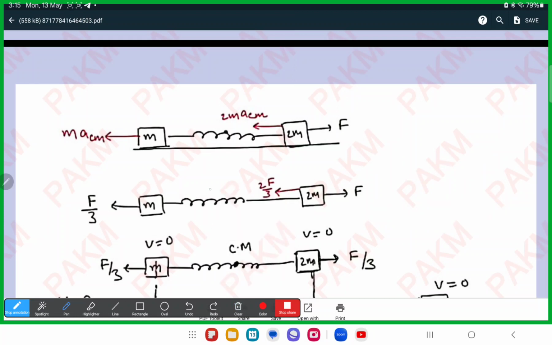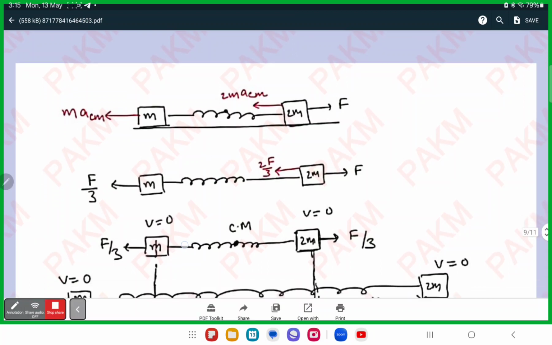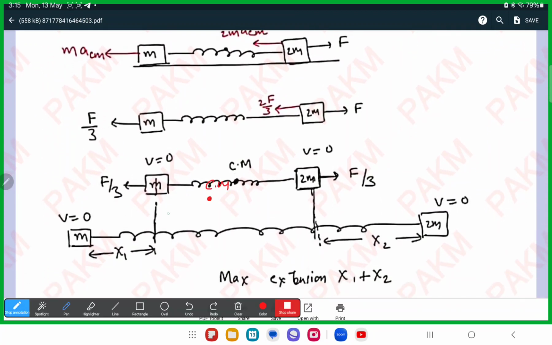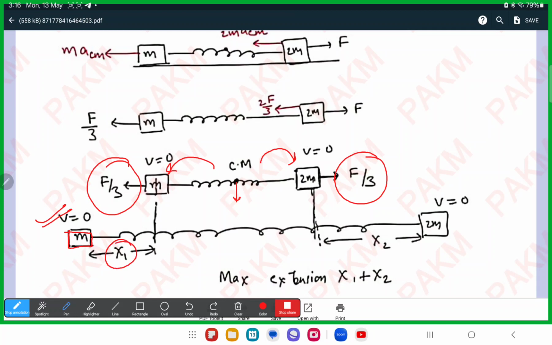With respect to the center of mass, initially the velocity is zero, and since force F by 3 is acting on it, it will extend the spring in such a way that the final velocity will be zero. Let's say the extension is x1 and here the extension is x2.